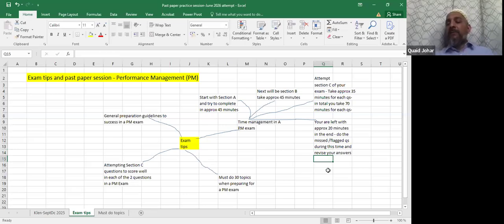So these 20 minutes you'll be using for revision, to revise your answers, and to do the missed questions. So this was the time management part of your exam, right?